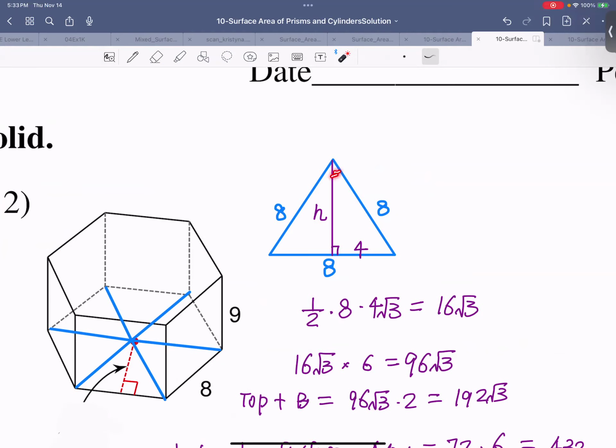Equilateral triangle, each angle is how much? 60. This is half of this, so this will be 30 degrees right here, and then 60 degrees right here.